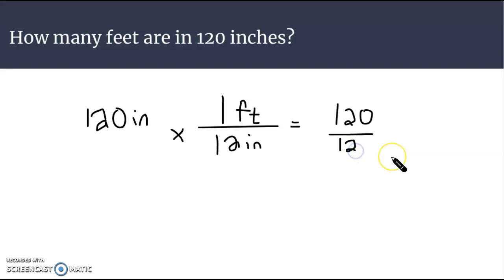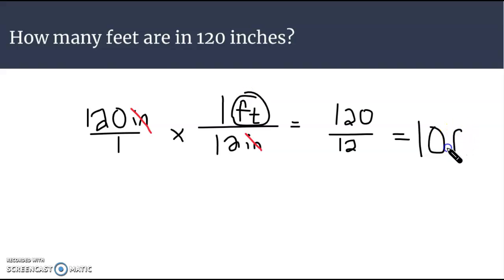Some of you may know this, just divide your inches by 12 because there's 12 inches in a foot. Let's see algebraically how the inches cancel out. I have an inch in the numerator, inch in the denominator, and we can put this over 1 to see how that works. And then 120 divided by 12, of course, is 10, and given that the only unit left is feet, we know we have successfully converted into feet.